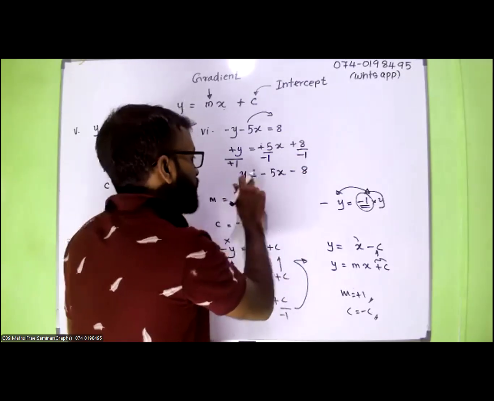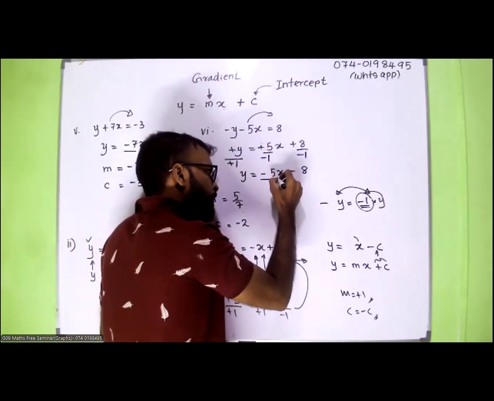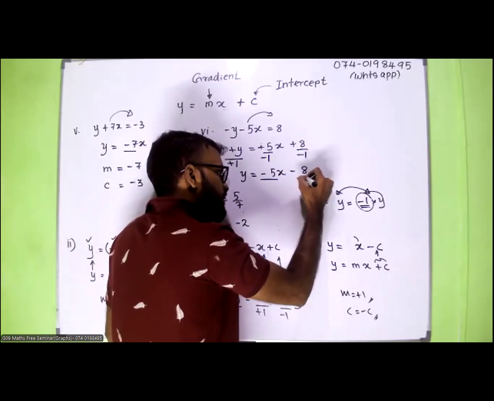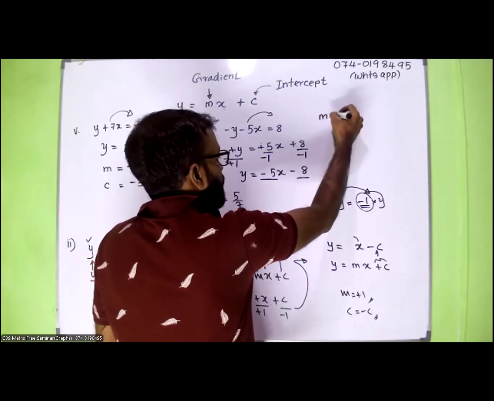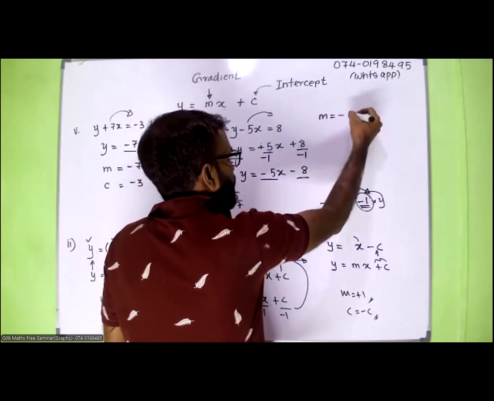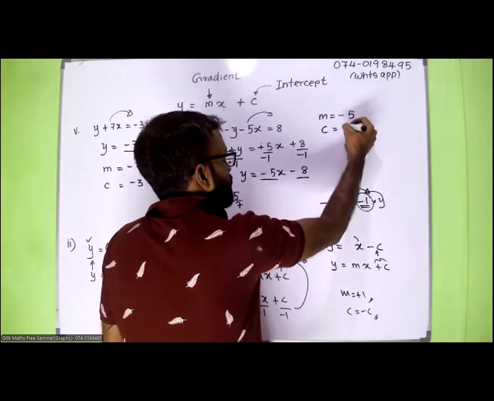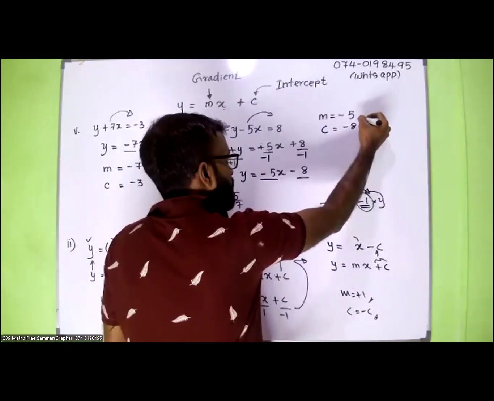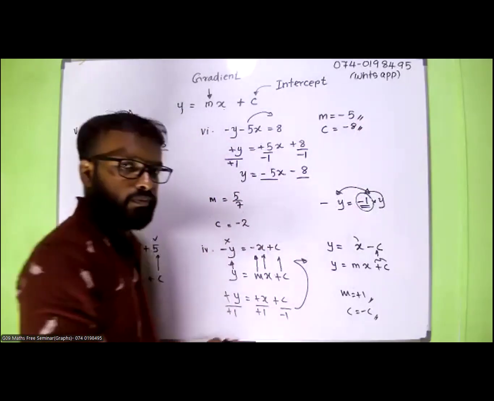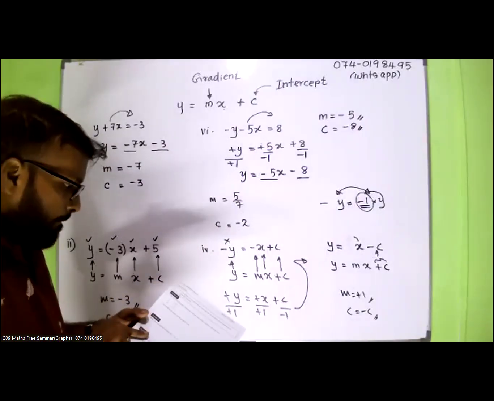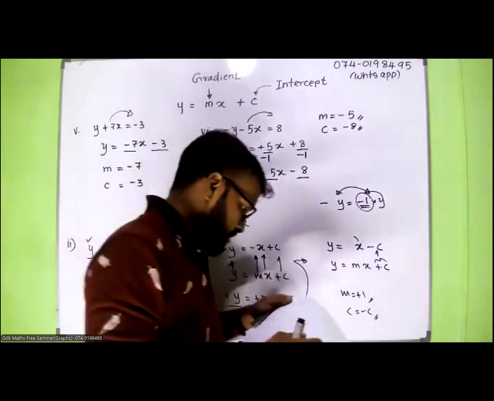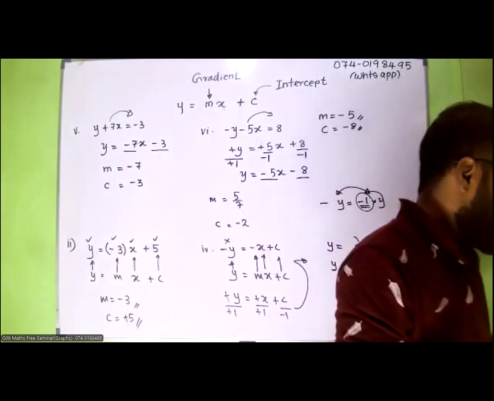So y equals mx plus c. So you can write m equals minus 5, c equals minus 8. So if you have these answers, yes, you are correct. Okay, so that part is over. Right, let's move to the next one.